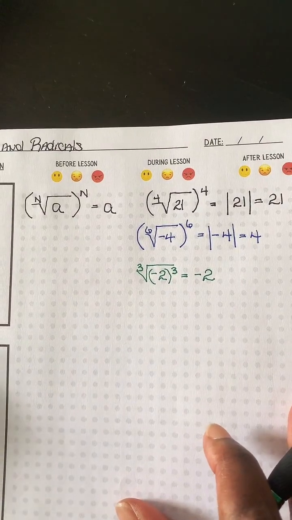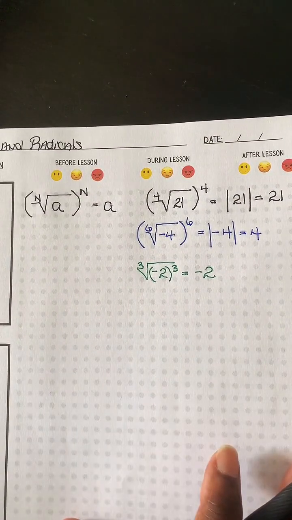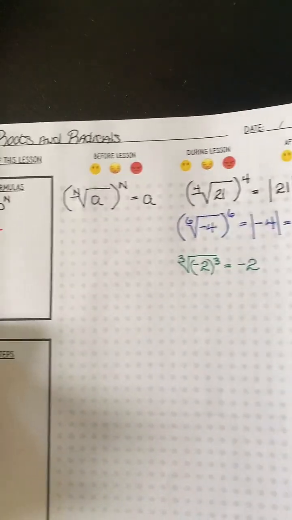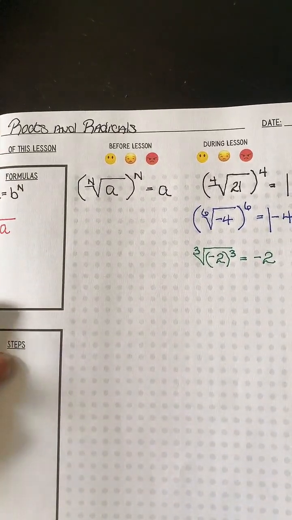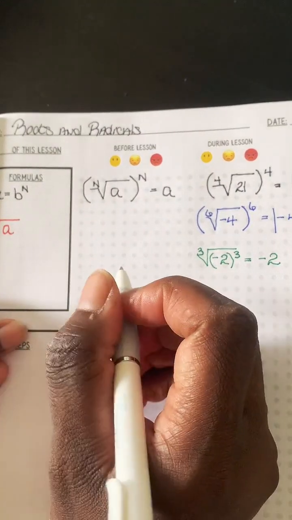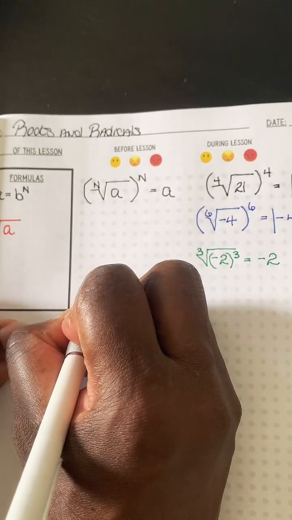So now, going into all of this. So when we have, let's say, 8 raised to, let's say, the 2/3.